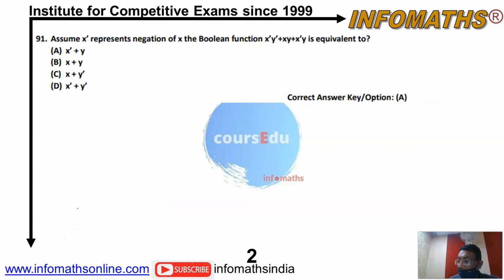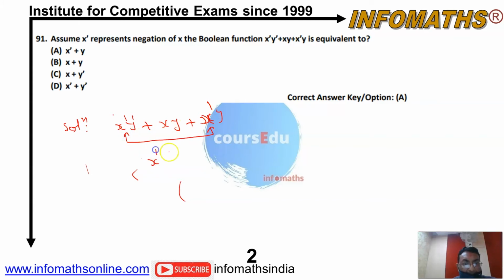So if we write the solution: x dash y dash plus xy plus x dash y. First of all, we will take x dash common from the first and third terms.